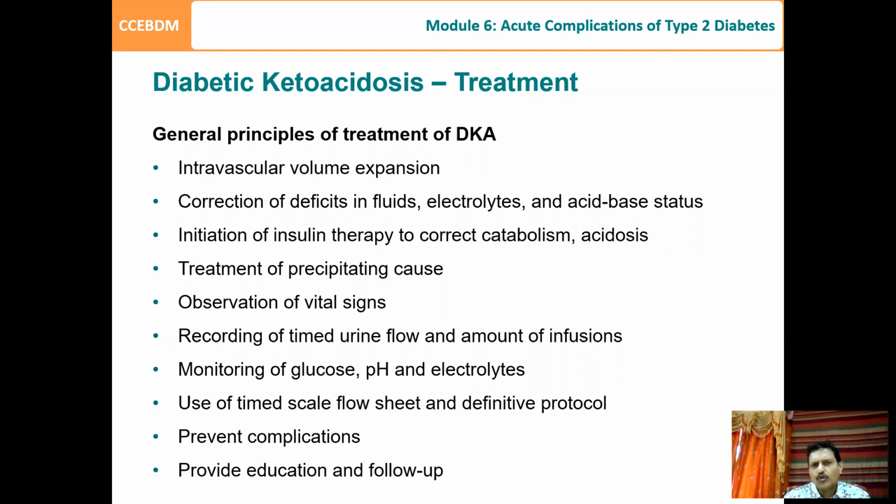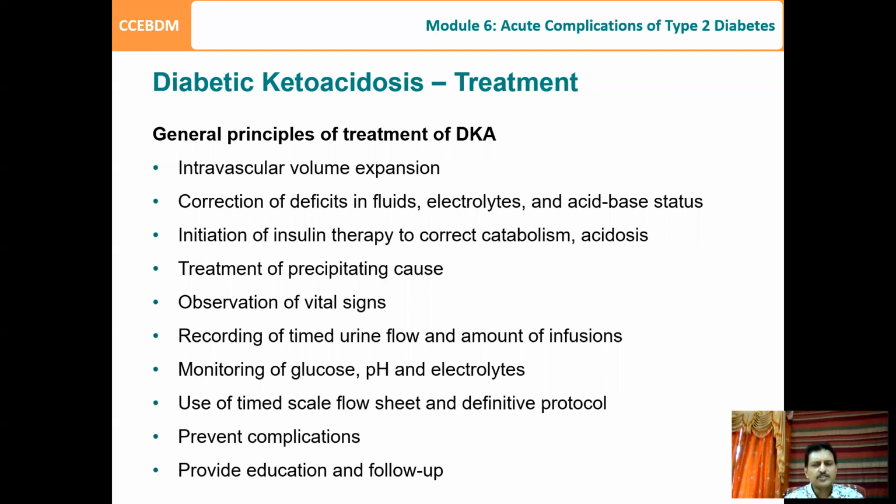Now then we have to look into the fluid, electrolytes and acid-base status. But once you have given the fluid, once you have started the insulin infusion at a low rate, it will correct the ketogenic process. And once it corrects the ketogenic process, the acidemia will get corrected gradually. We have to look into the precipitating cause.